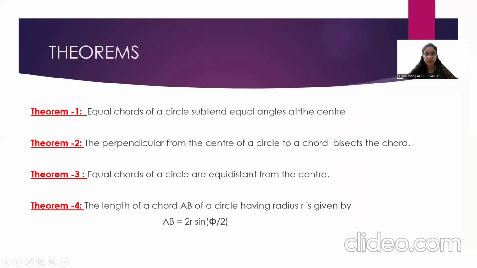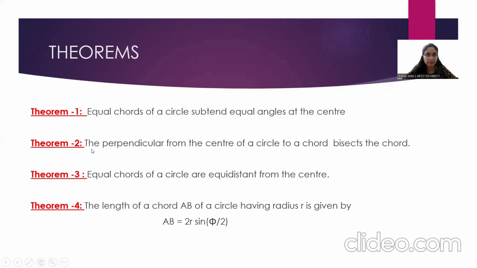Let's see. What was the first theorem which we learned? The first theorem says that equal chords of a circle subtend equal angles at the center. That is, if we are having two equal chords in a circle, then they will be subtending equal angles at the center. That was the first theorem.